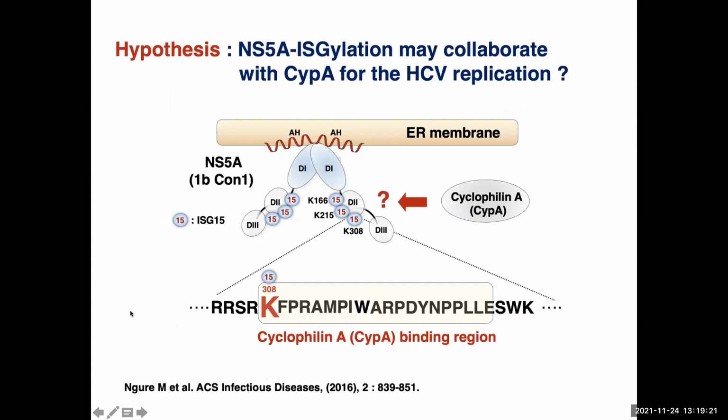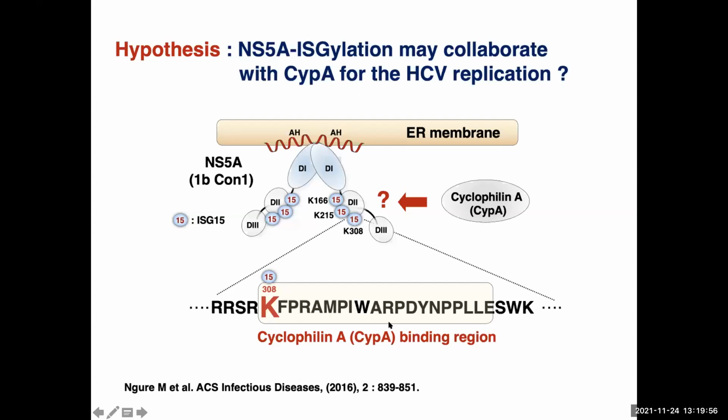Then, to understand the mechanism of ISGylation and HCV replication, we took a look at the lysine residues important for replication. This cartoon shows that lysine 308 resides in the cyclophilin A binding region.